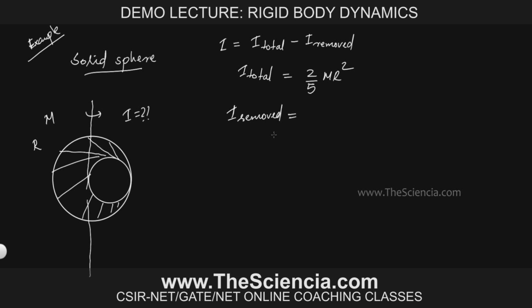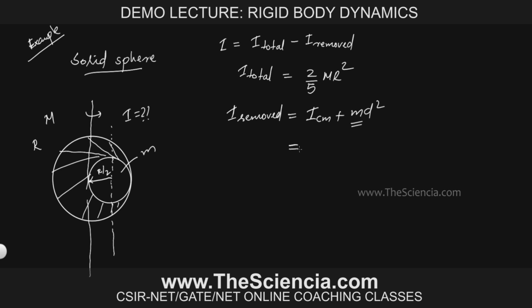Here we know the moment of inertia of a sphere about its center of mass. But in this problem we have to calculate the moment of inertia about this point, at distance R by 2. So what will be I removed? We want to use the parallel axis theorem, that is I center of mass plus m d square. We are using small m because this is the small sphere, and the mass of the bigger sphere is capital M.